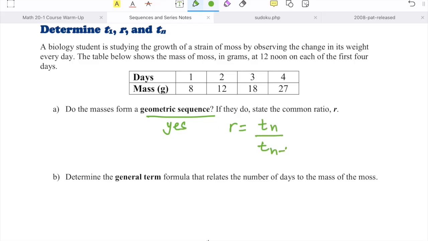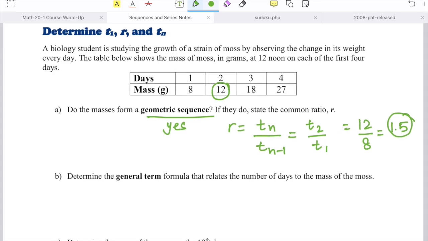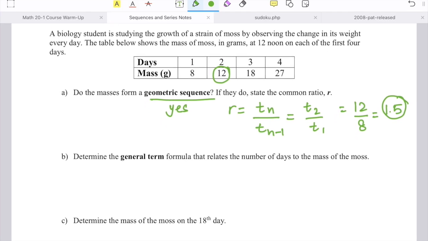So we can take term 2, which is 12, and term 1, which is 8. 12 divided by 8 in your calculator is just 1.5. So that's your common ratio, and it is a geometric sequence. Okay.